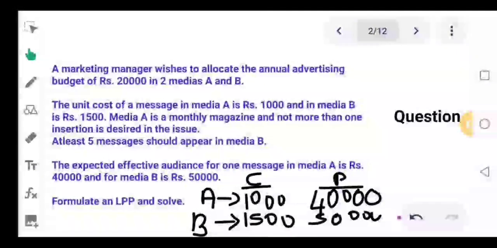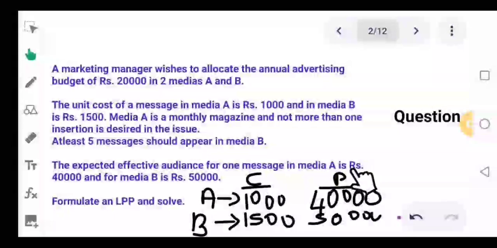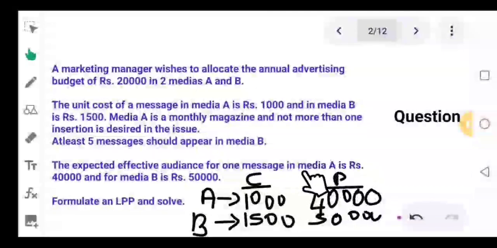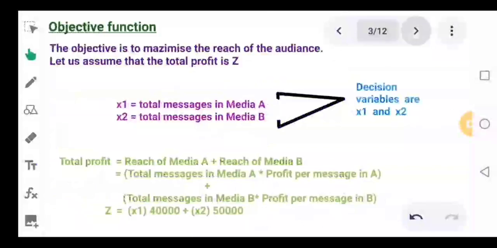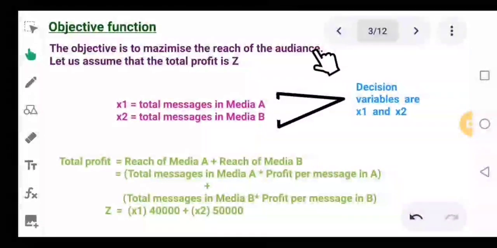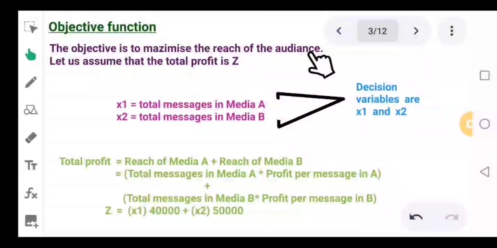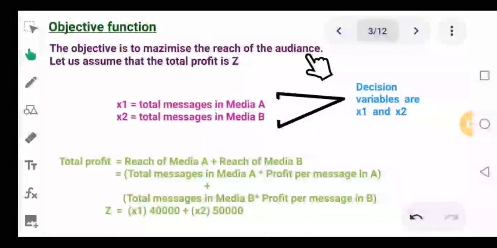So now the first thing which we need to do is to find out our objective function. Here our objective is to maximize profit. Or rather, the objective is to maximize the reach of the audience. To maximize the reach of the audience, we are going to make more money, so it indirectly means we are going to make profits.